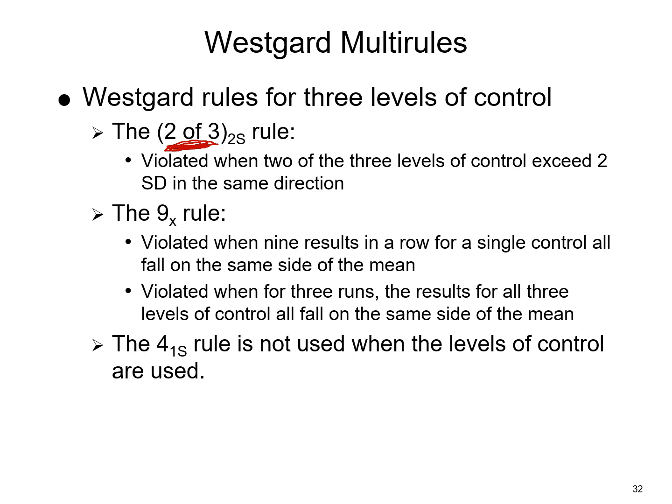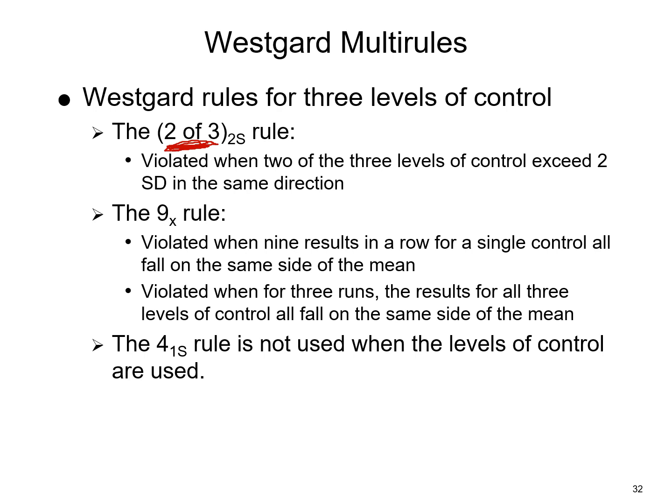When you have 9 results in a row for a single control that are on one side of the mean, or within the 3 different runs, the results of all 3 levels of control all fall on the same side of the mean. So that run for that day, they're all on the negative side of the mean, or they're all on the positive side of the mean. So you do want some variations there.